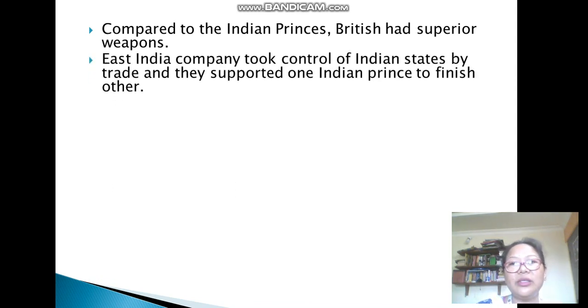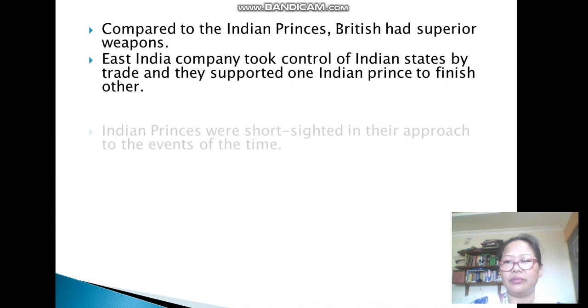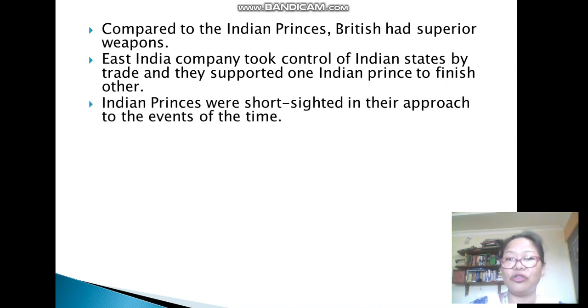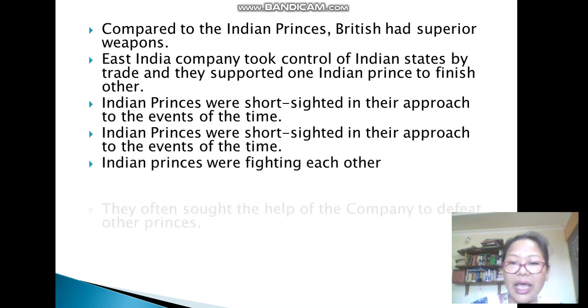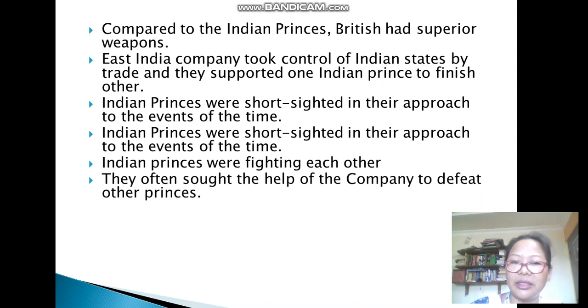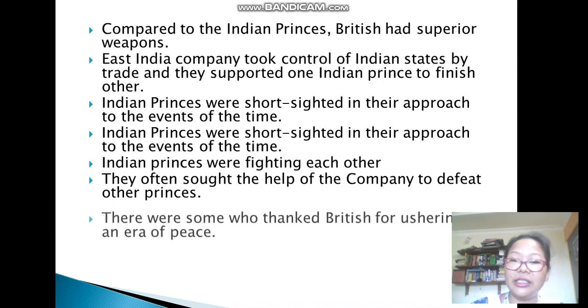Then we learn about how East India Company took control of states by trade and supported one Indian prince to finish another. Then we see that the Indian princes were short-sighted, they were fighting with each other. So this is all we have discussed in this part, the company's conquest and Tipu Sultan.